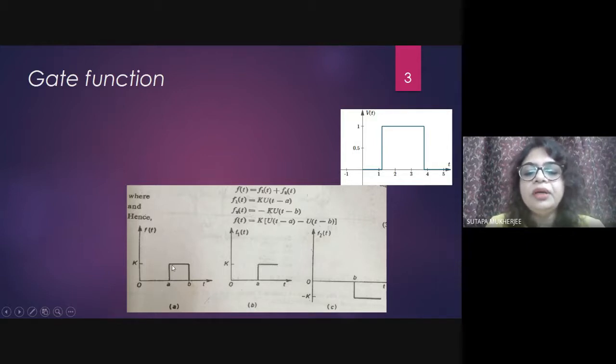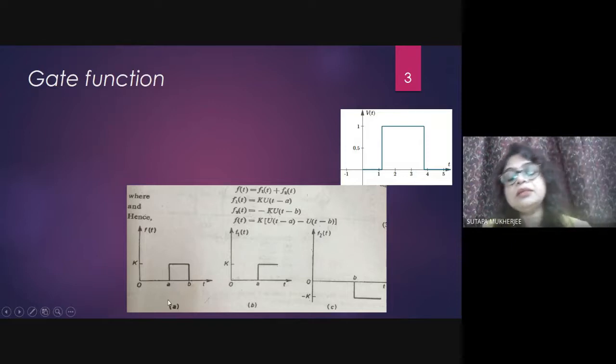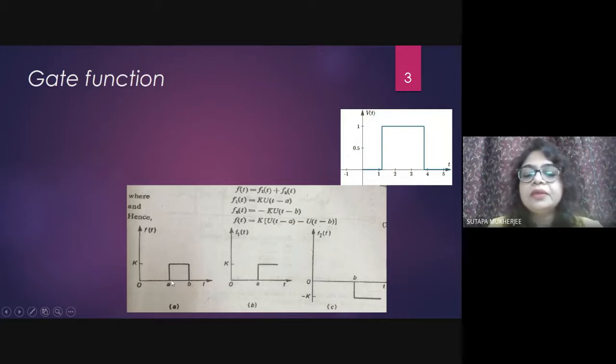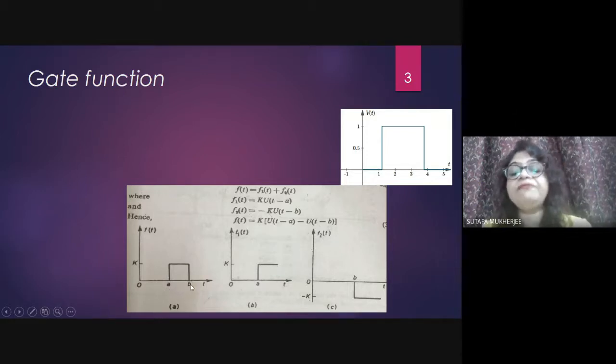So if you don't care about b, the function starting from the time t equal to a, you can tell that the function is k u(t minus a). But it will be continued up to infinity. So if you want to break the function at the point equal to b, then what to do? Using these two different functions, you will be able to get the gate function.